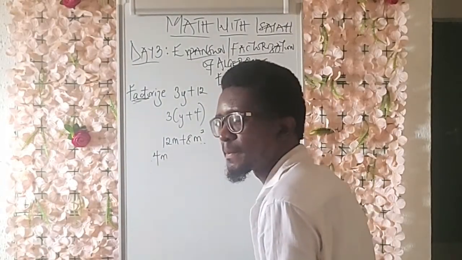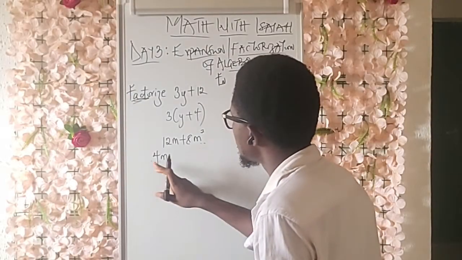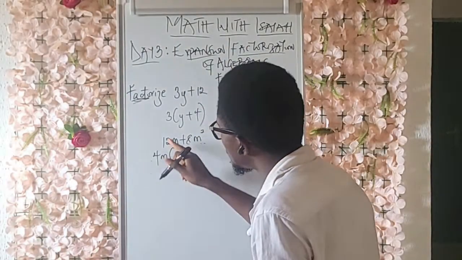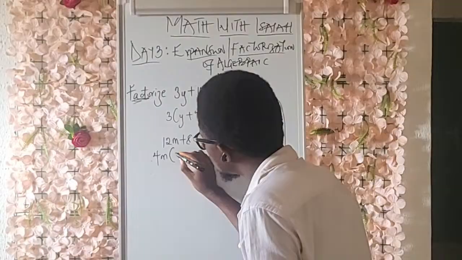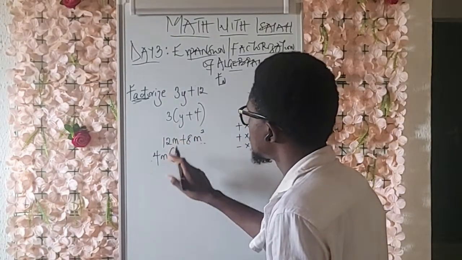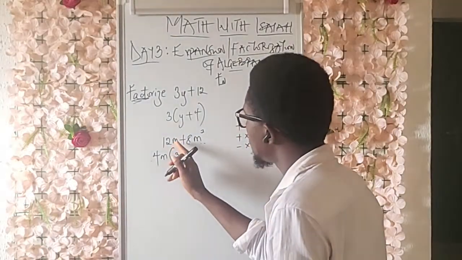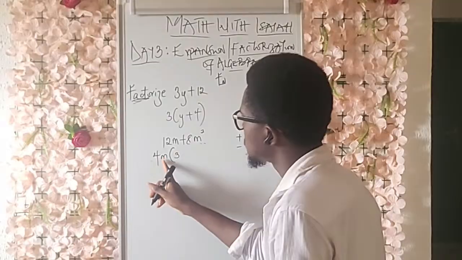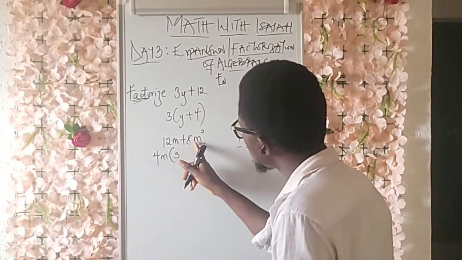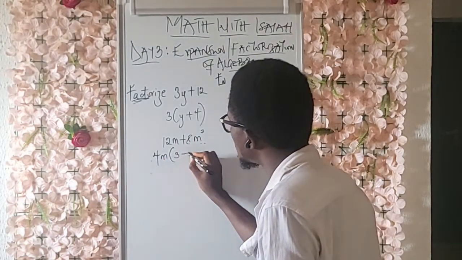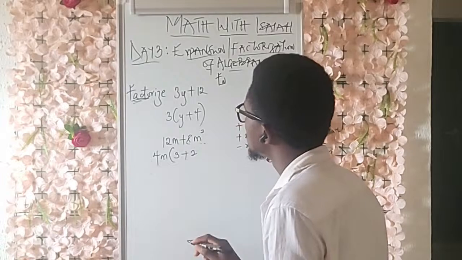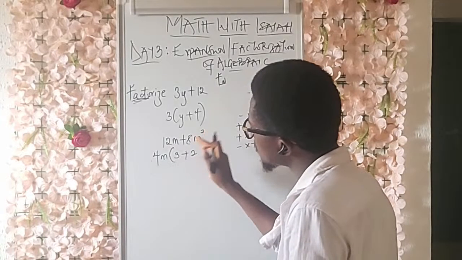Now it's 4m. How many 4m's are we going to see here? 3. M is going to be out of the picture because m appeared here once and it's already here. Now how many 4m are we going to get from here? That's going to be 2. How many m is here? We have 2 m's, just 1.